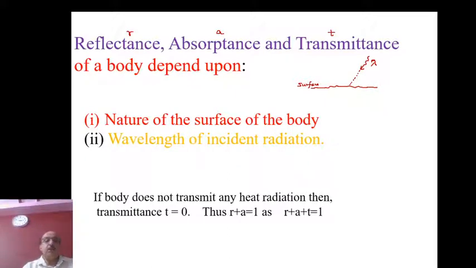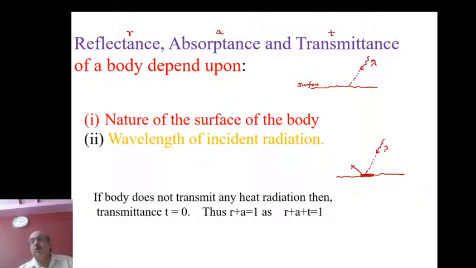Now let us consider here a body having a nature that it does not transmit any radiation. The wavelength of radiation is lambda and the radiation is falling on this. What happened here? The body reflects some part of the light radiation, and the other part it absorbs.